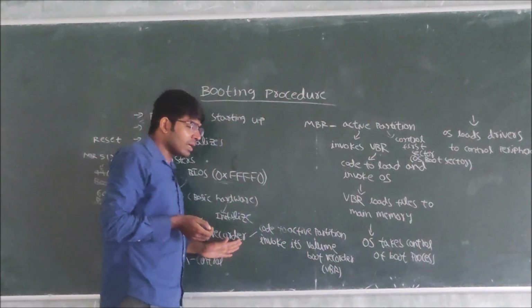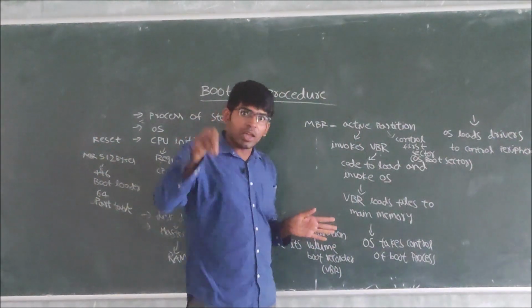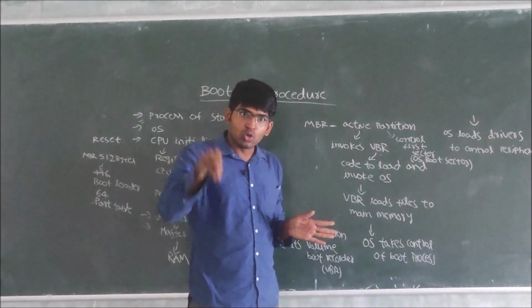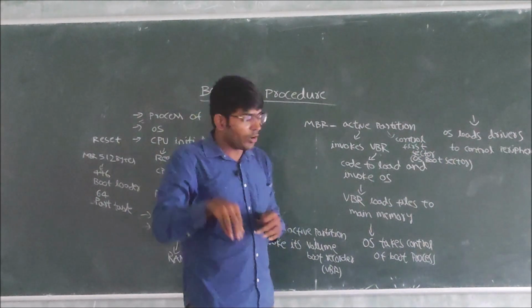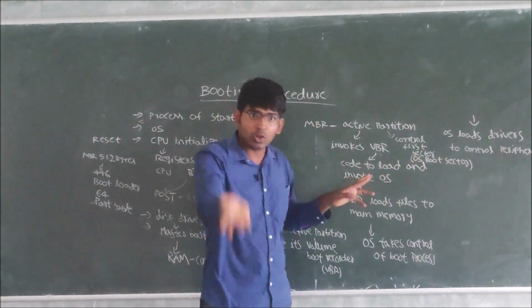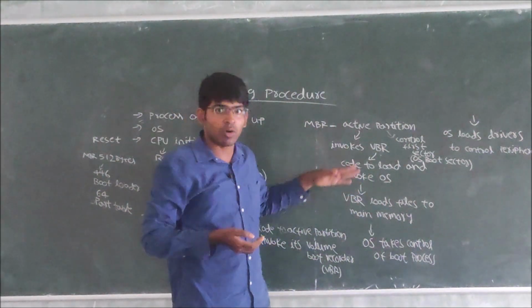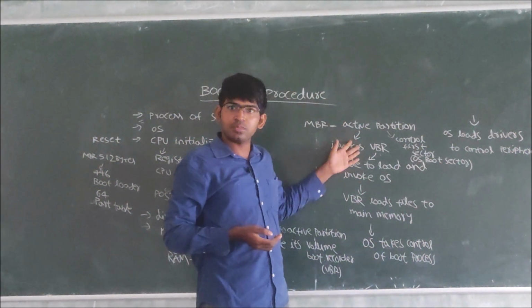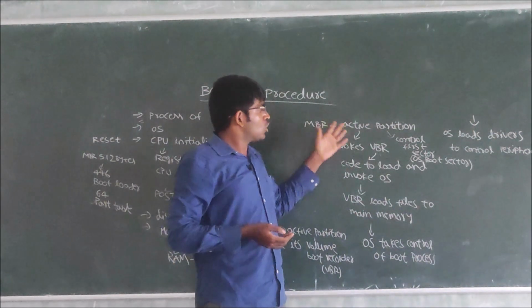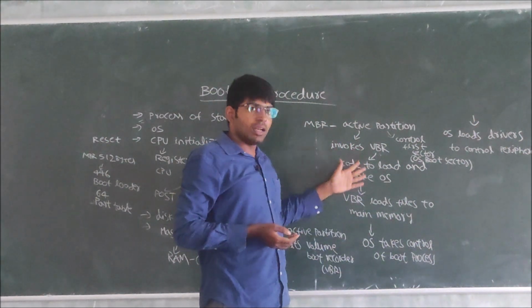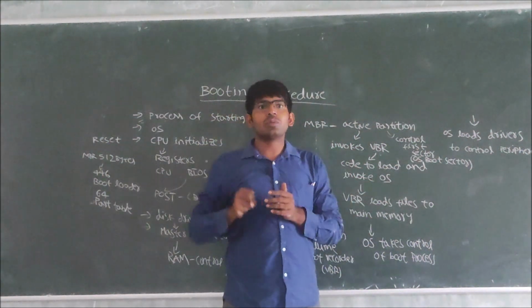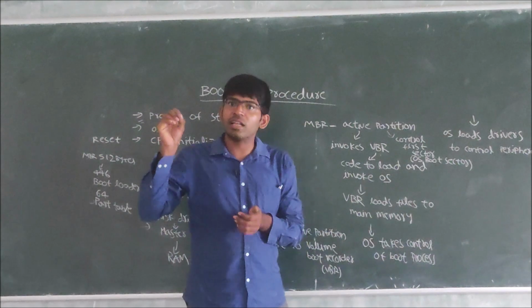Now in the MBR we have the code to find the active partition. It is nothing but the code to find the VBR first. It will invoke the VBR. Who is invoking the VBR? The MBR invokes the volume boot record. So this VBR will load the OS code and run the OS.